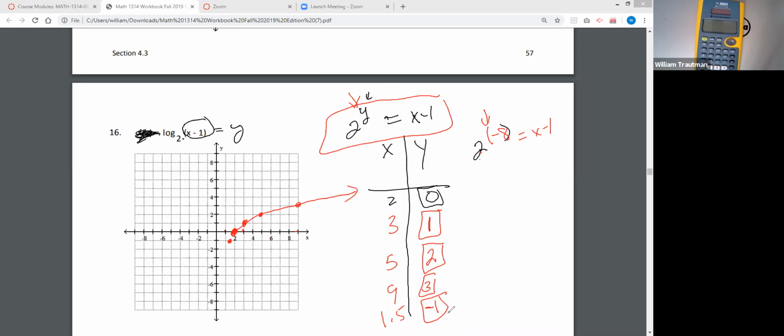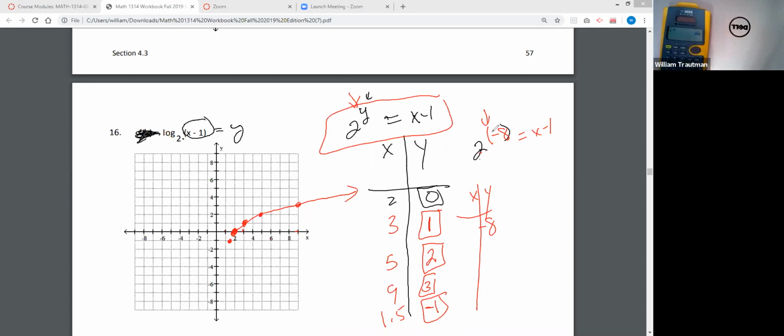So I'm going to put my x's and my y's. If I put -8 into the y spot, and I'm going to put it on my calculator, you're going to see what happens. 2 raised to the -8 power equals 1 over 256.